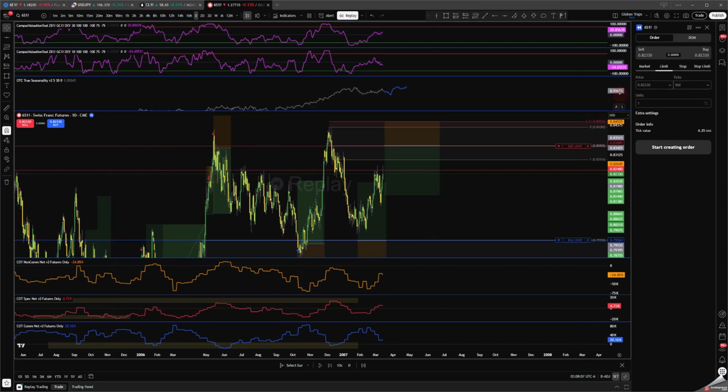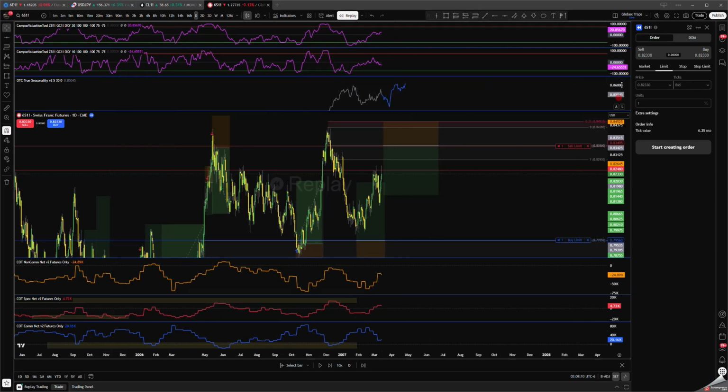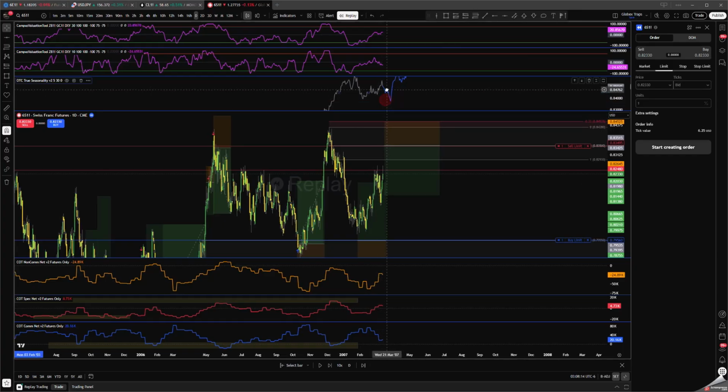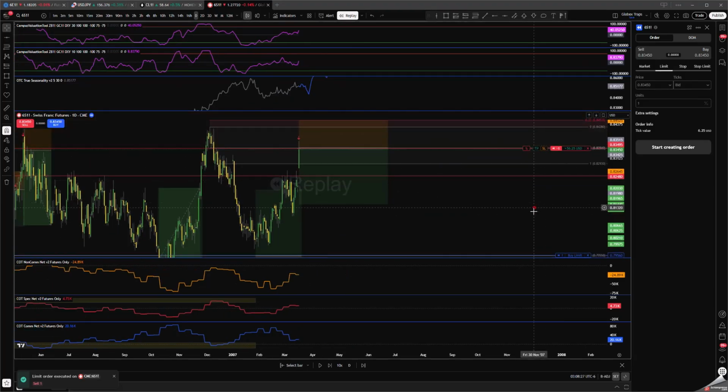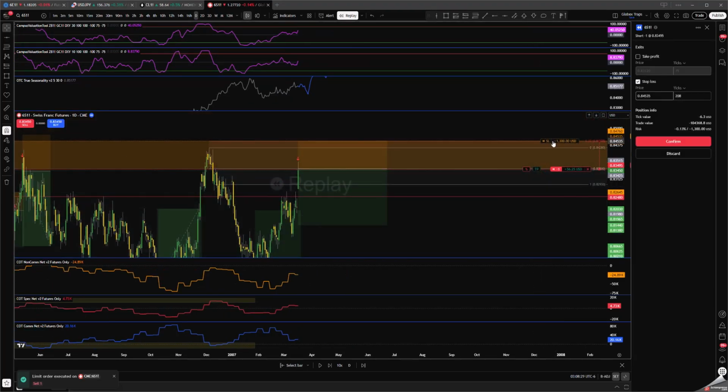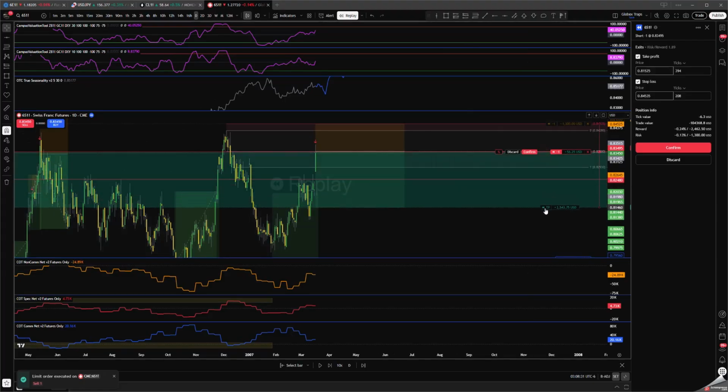And okay, now the seasonality is working, and here's the seasonal tendency of the price going downwards. It's for 5-year average seasonality. So let's, okay, we got filled. TP 1-to-2.